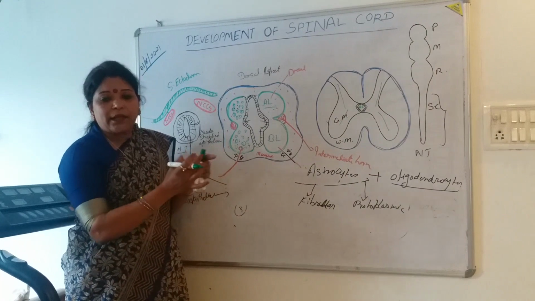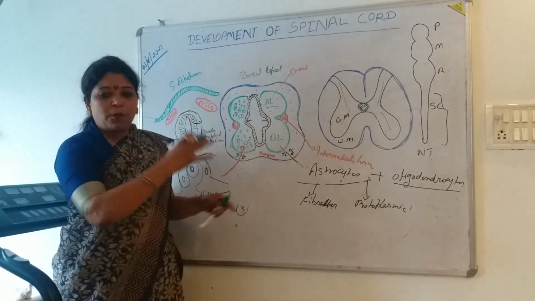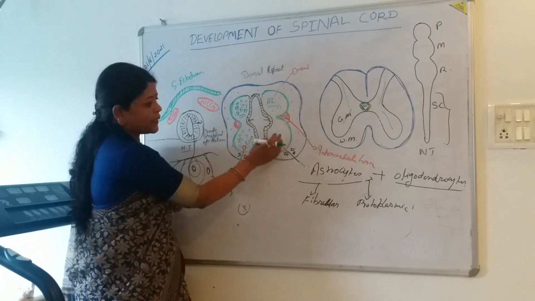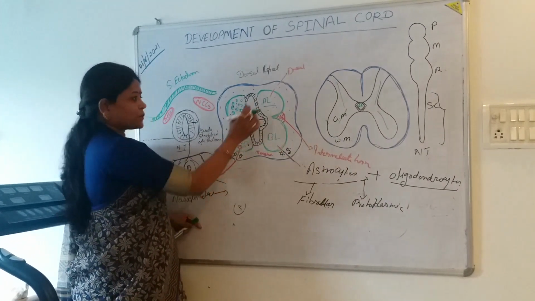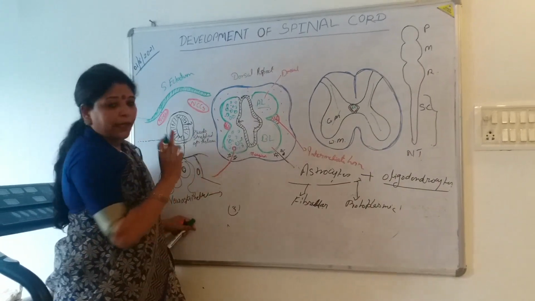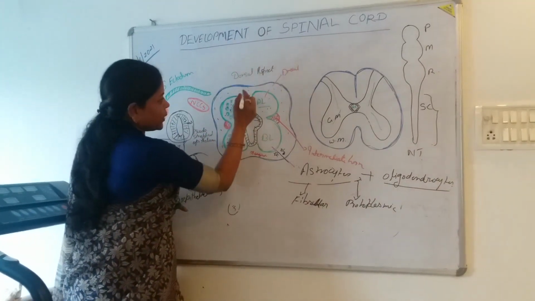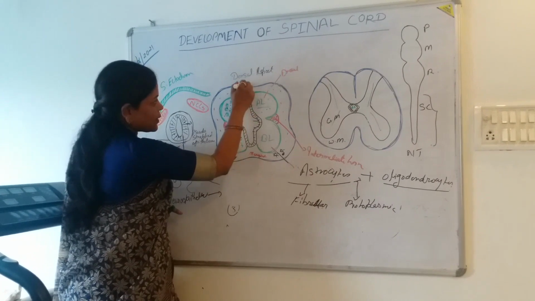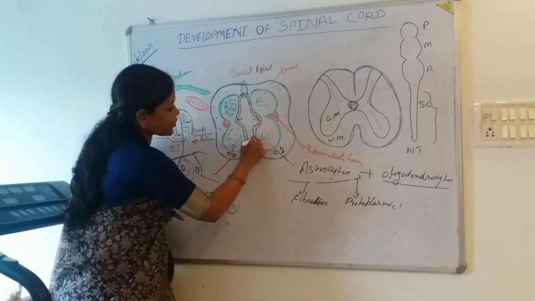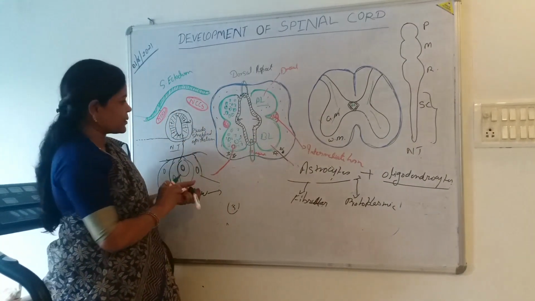There is the condensation of the neuroblasts around this epithelial lining on the dorsal and ventral swellings, and lateral to that there is the marginal layer. Again, look at this neural tube, this portion and this portion. After the formation of this mantle layer, what happens?